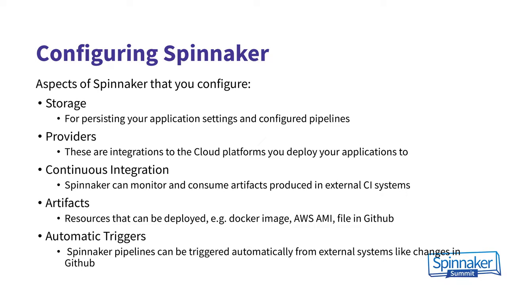Also, what Spinnaker does, it will go and discover all the resources that are there in the accounts out there, right? It will go to AWS, figure out all the resources that are running there, or Kubernetes resources running there. So that also is cached and available. So that's what storage is used for.